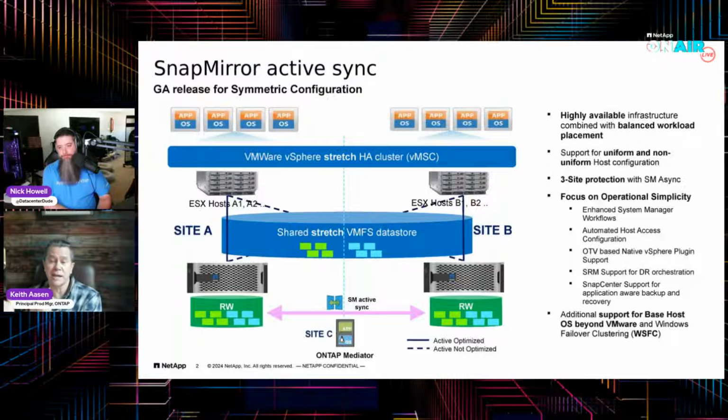Part of something that's actually new in 9.15 as opposed to 9.14.1 is we now also support non-uniform access, which means that your ESX hosts only have local connectivity to their local cluster. So again, it could be Fibre Channel, it could be iSCSI, it doesn't really matter.